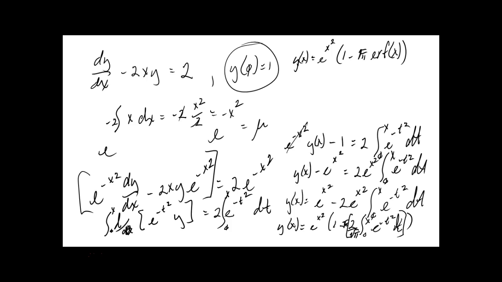That f of x, they give the title of your input function, or your driving function. The solution y of x of the differential equation for the given input is called the output function. So whatever your y is at the end, that's your output function. The driving function was a 2, and it has reasons for being there, and your output function is that.